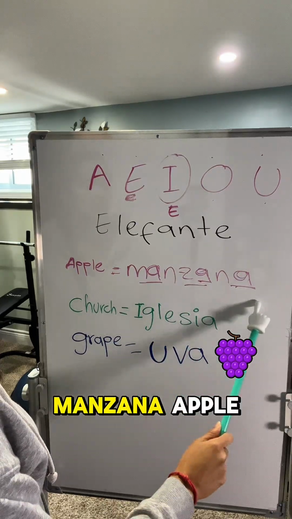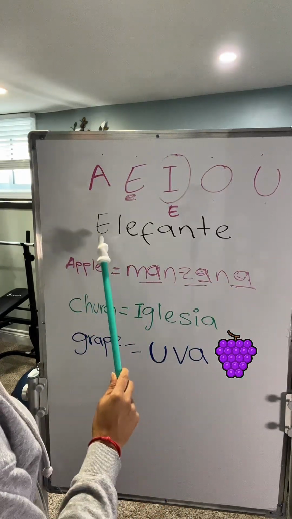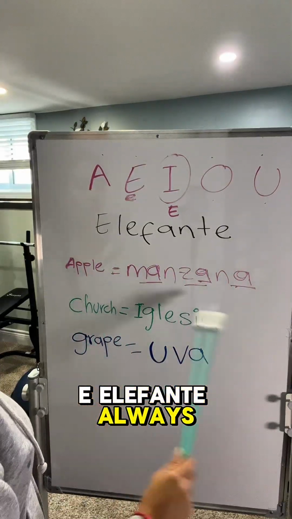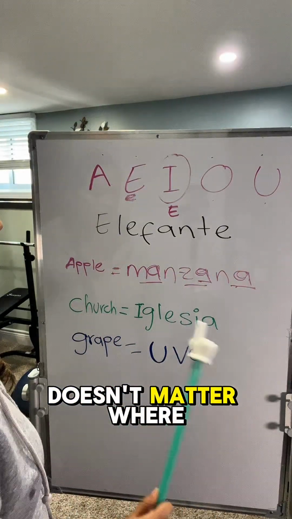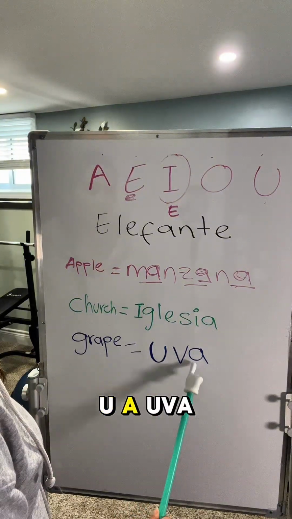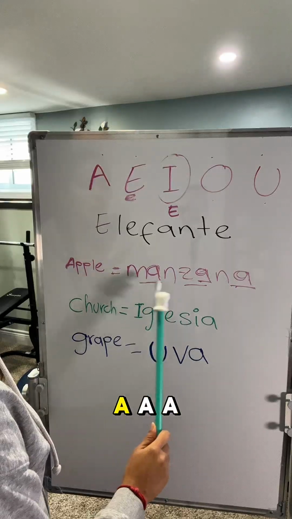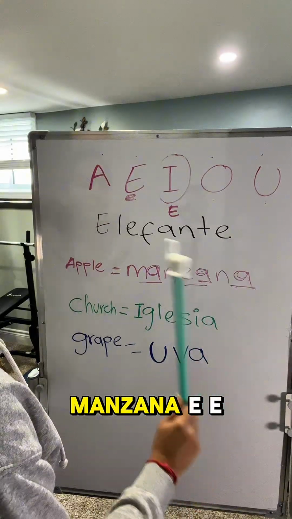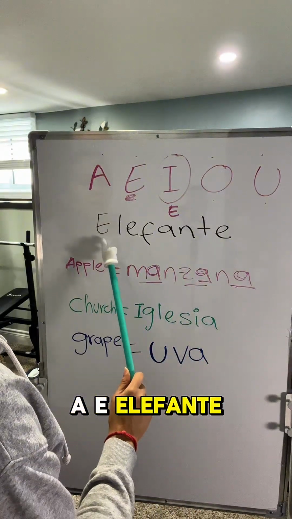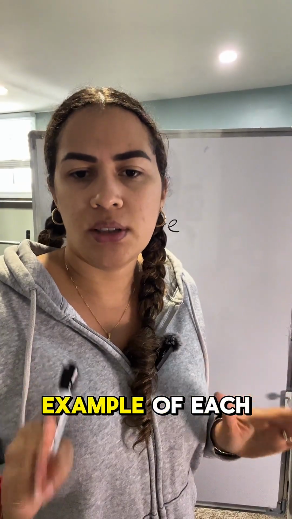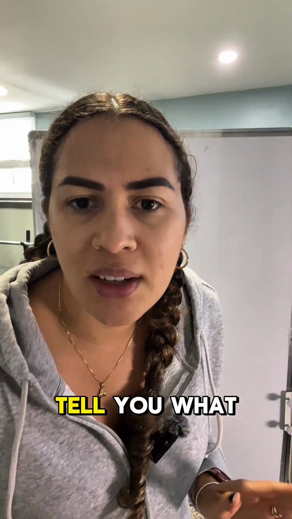A, manzana, apple. E, E, A, E, elefante. Always sound the same, doesn't matter where they are. Okay?